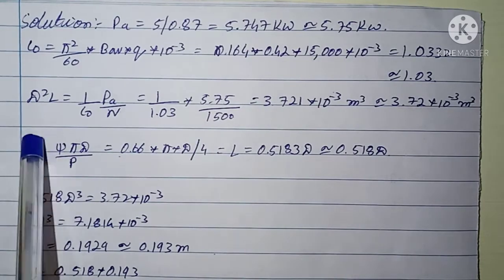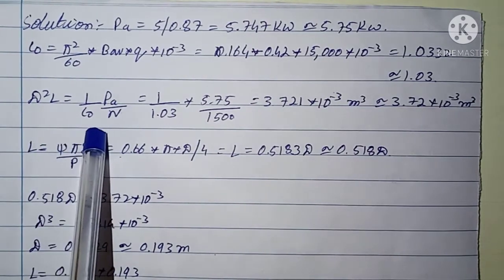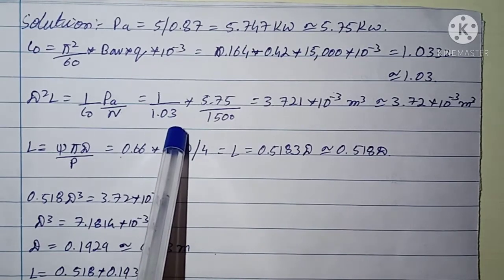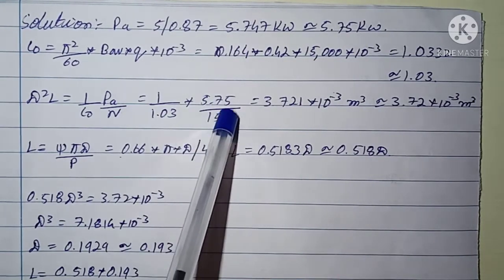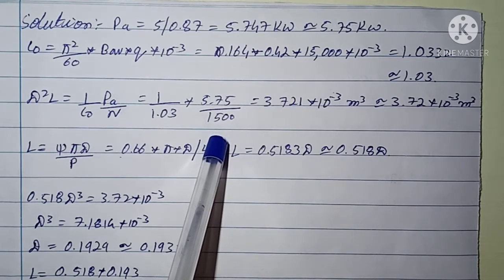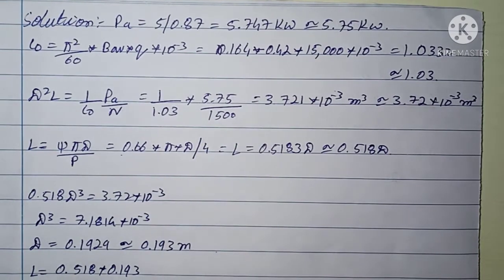And then d square L is 1 by C naught into PA by N. So 1 by 1.03 into PA 5.75 by 1500 speed, that is the RPM. So you get 3.721 into 10 raised to minus 3 meter cube, approximated to 3.72 into 10 raised to minus 3 meter cube.